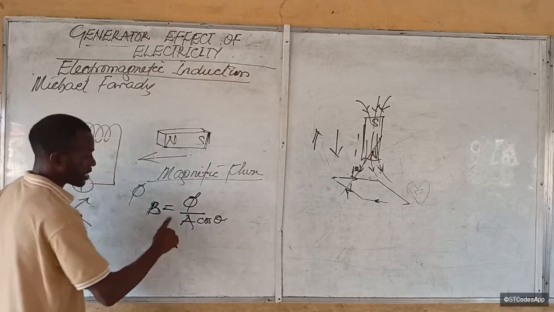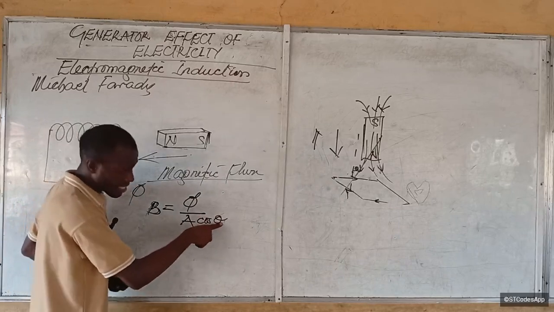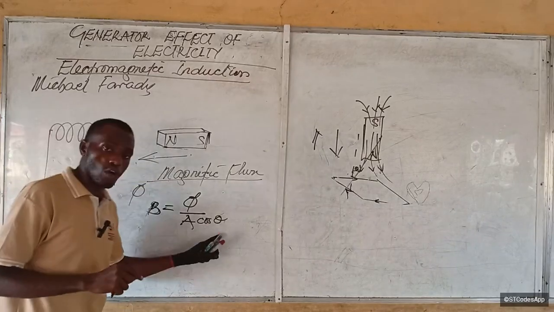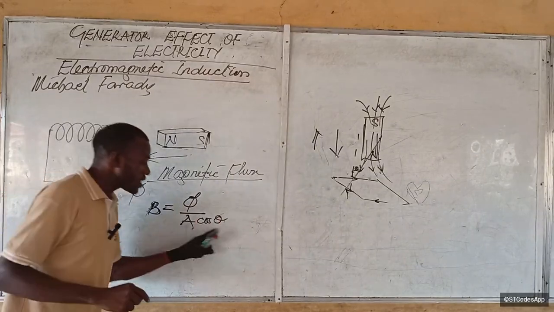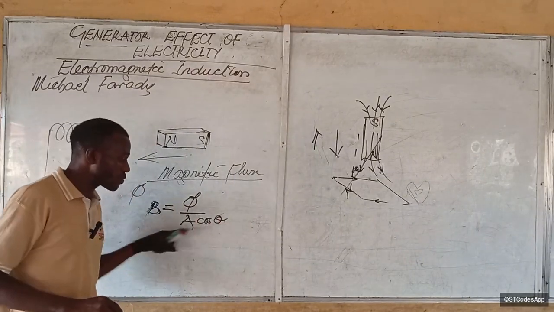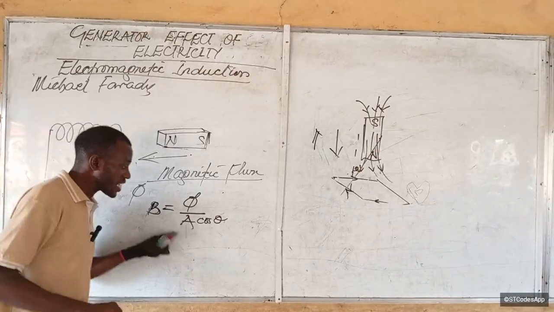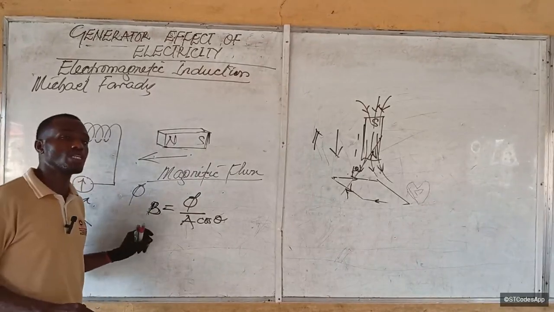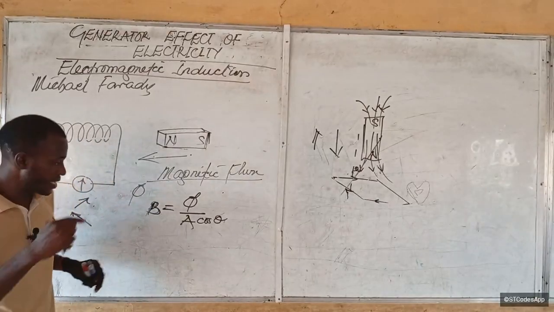My point is this: as this theta tends towards 0, not becomes 0, if theta becomes 0, the area is going to be highest, and because of that, the magnetic field strength is going to be less.